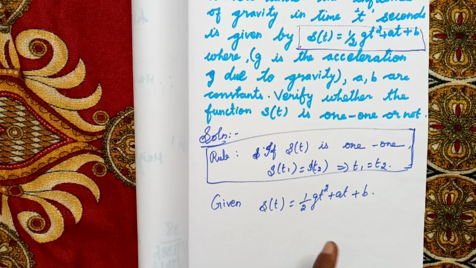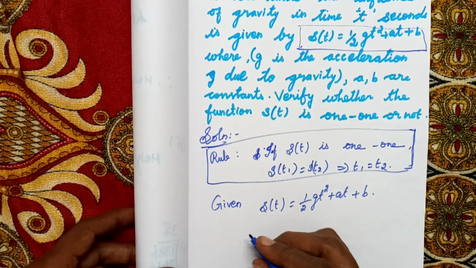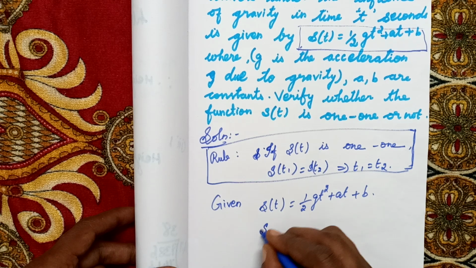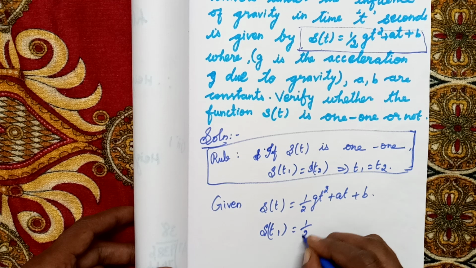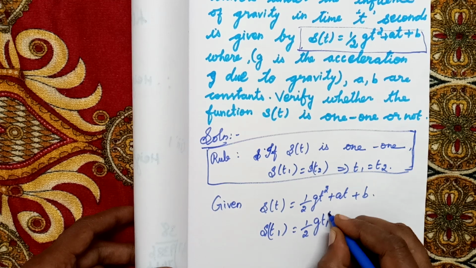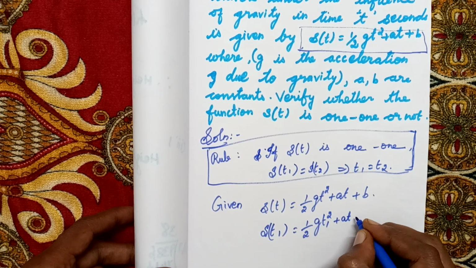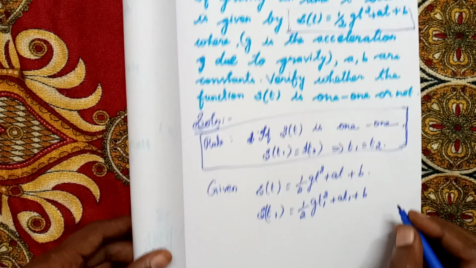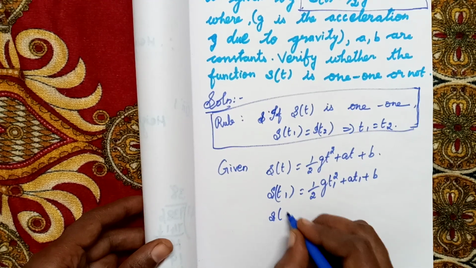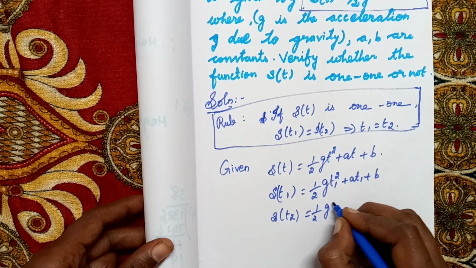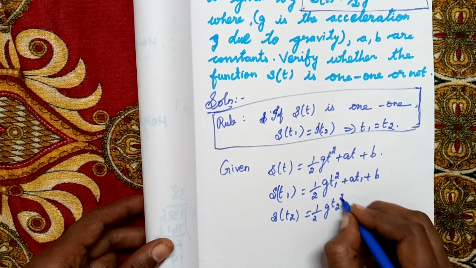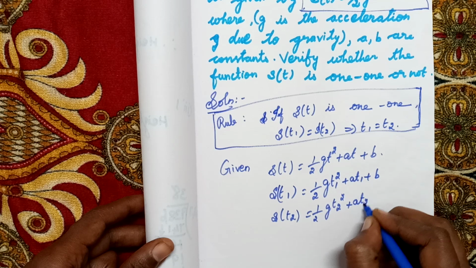Here S of t is given, so we have to take S of t1, S of t2. S of t1 is equal to half g t1 square plus at1 plus b. Next, S of t2 is equal to half g t2 square plus at2 plus b.